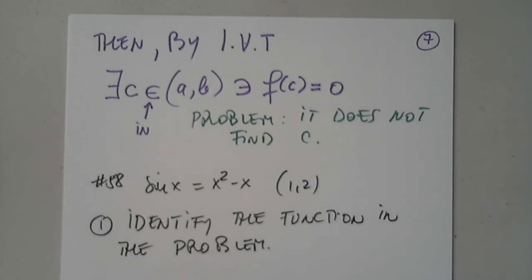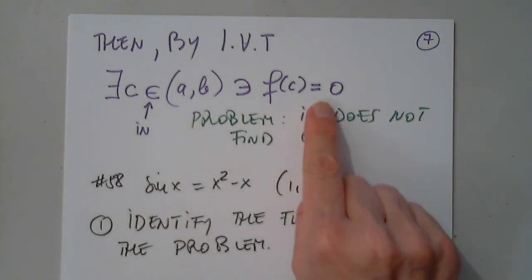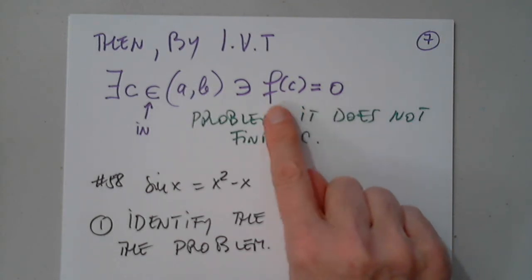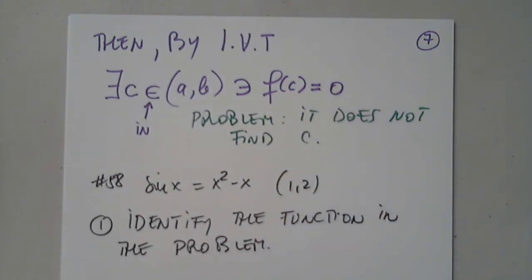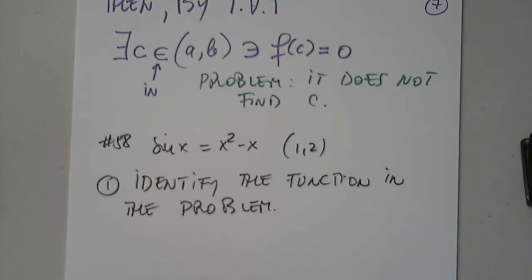What do I need to do? Just remember, this is our target. Everything has to look like this. What do I have to do first? In order to identify, exactly.